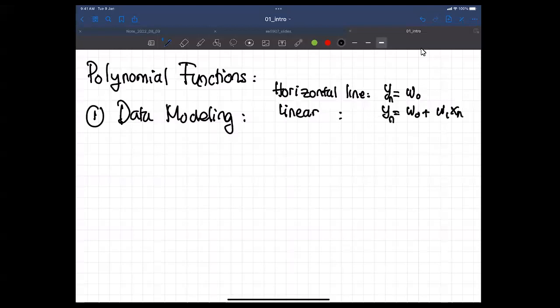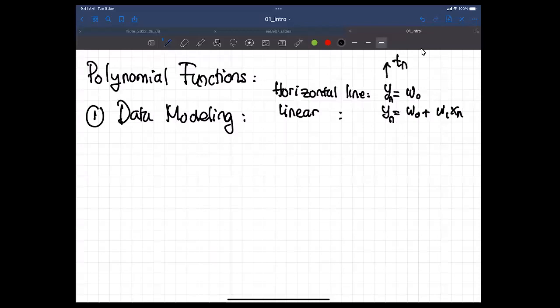So that's why it's yn. And it has to be close to Tn. Tn is the price that's given to you, and yn is the prediction of that Tn.